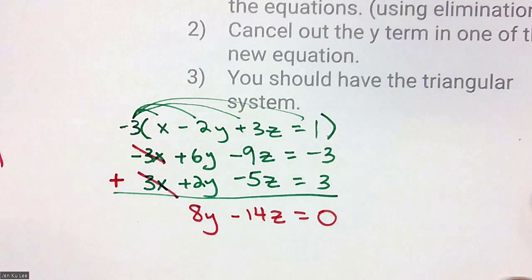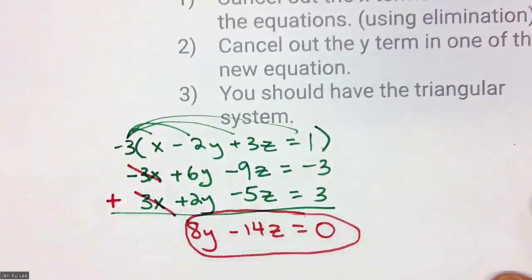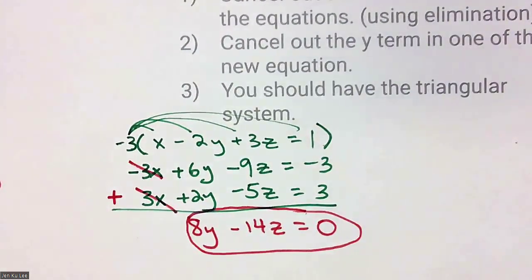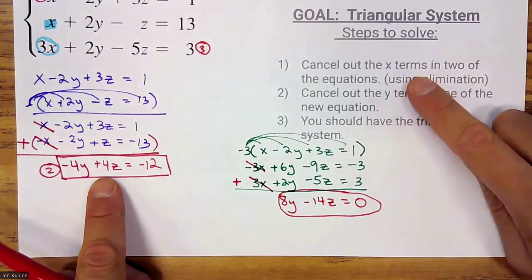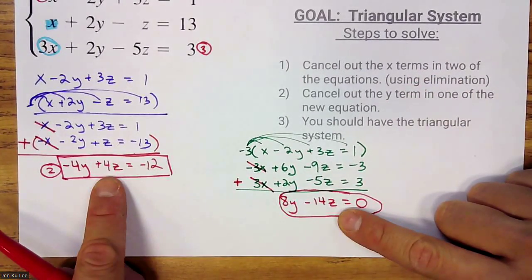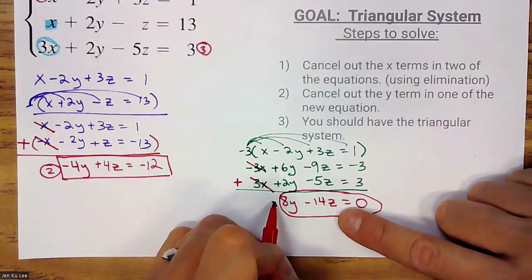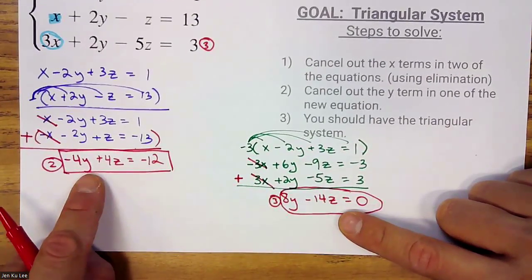Right? So now I don't even have an x value here. So my first step, where I needed to cancel out the x terms in two of the equations, I did. This is my new third equation. Okay? That makes sense?